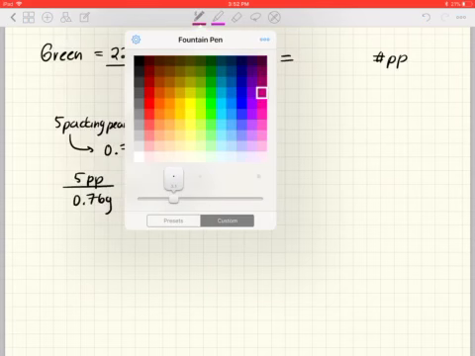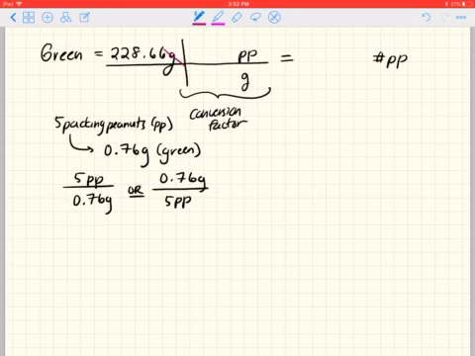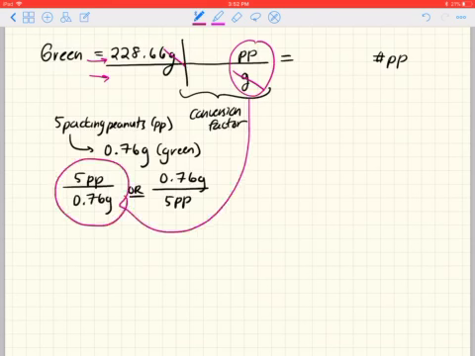So to see how this works, you can see how using this grid system, anything on the top is being multiplied and everything on the bottom is being divided. So if I have grams on top and grams on the bottom, they cancel out. So that means in order to use this conversion factor right there, I need to choose this setup right here.